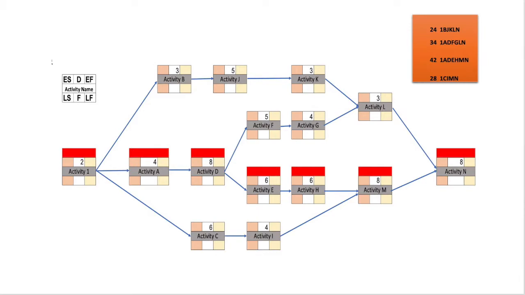The third one is 1, A, D, E, H, M and N, and the total duration is 42 days. The last one, activity 1, C, I, M and N, requires 28 days.